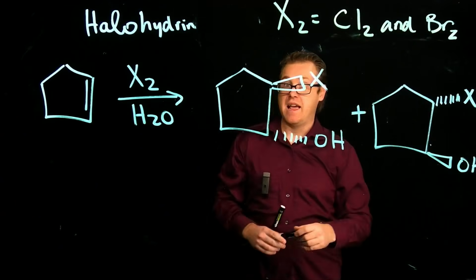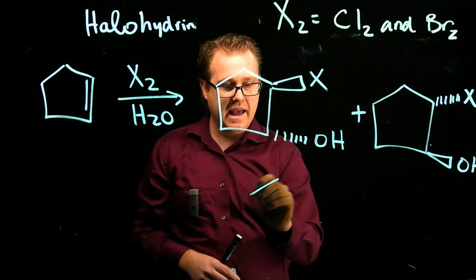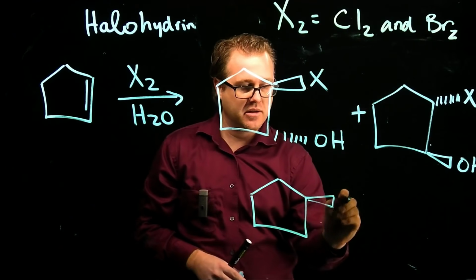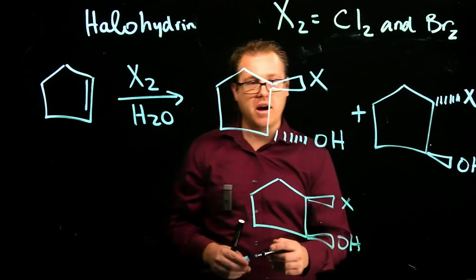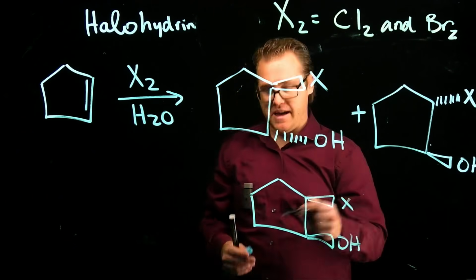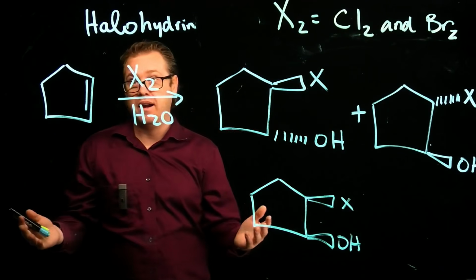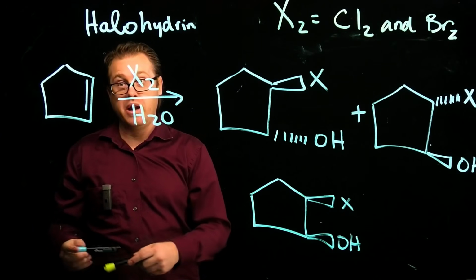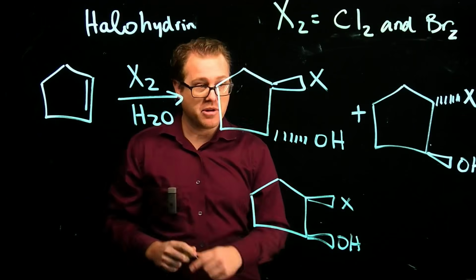Do you see how they are anti? You're not going to get syn addition. You don't get that product. It's only anti-addition. And it has to do with the mechanism because we are going to be forming a bromonium or a chloronium ion intermediate, that three-membered species.